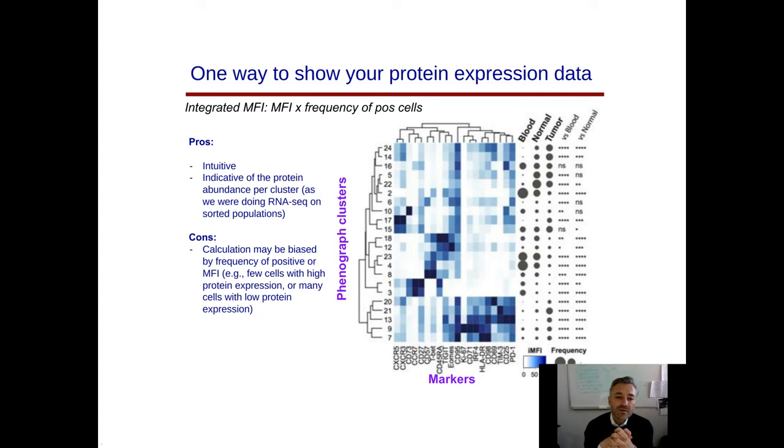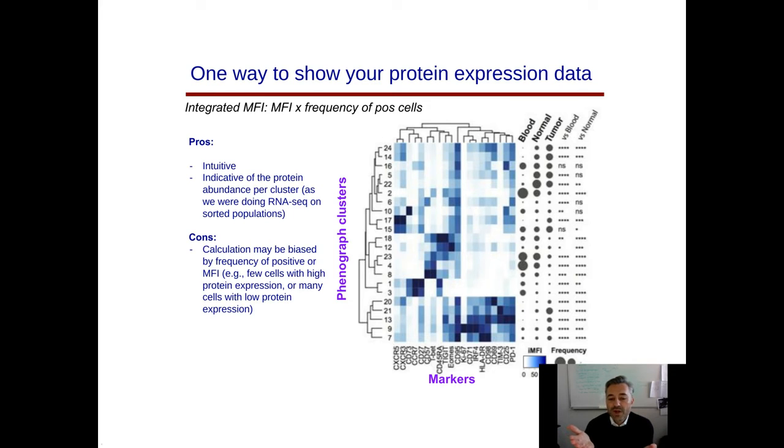This can have advantages and disadvantages, as any display method. Any display method might have limits. But I think it's intuitive on one side, and it's also indicative of the protein abundance per cluster.